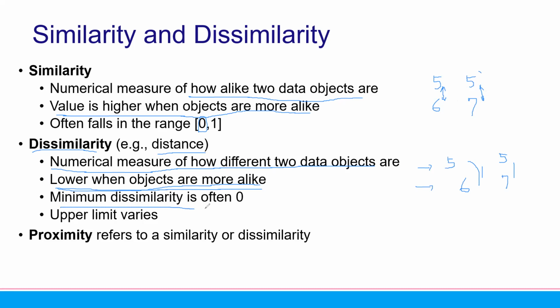Minimum dissimilarity is often 0. Okay. So if we have 5 and 5, of course the distance is 0. And the upper limit varies. So maybe if I have the value 5 and the other is 1000, you know, the gap is very big. So the upper limit varies.